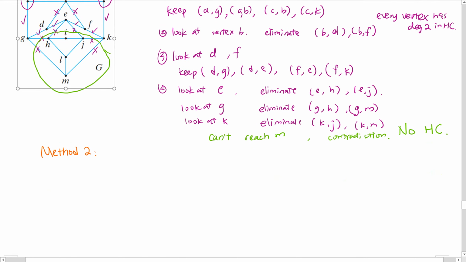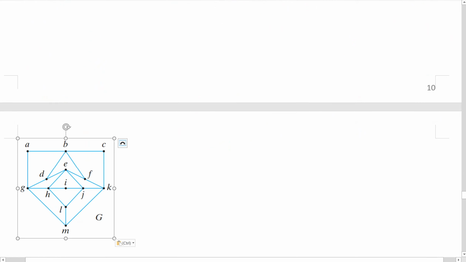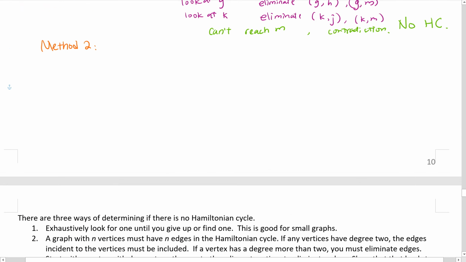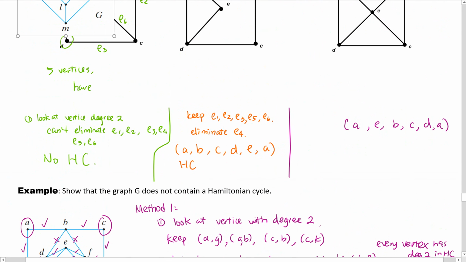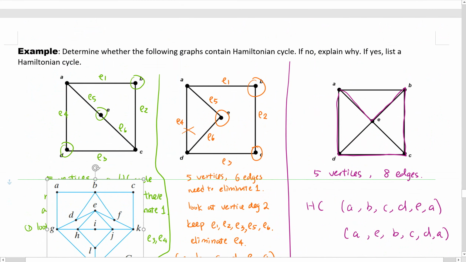Okay, so for method 2, let me have another picture here so then I can draw on it. Okay, there is this. Let me put it down.